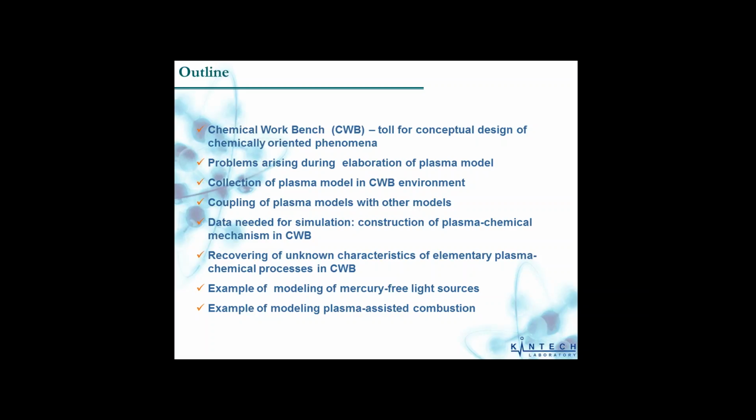Another section will be devoted to the data needed for simulation: how we may construct the plasma chemical mechanism, and how we may recover unknown data. And at the end of the lecture, two short examples will be demonstrated. One is devoted to the modeling of mercury-free line sources, and the other to the modeling of plasma-assisted combustion.